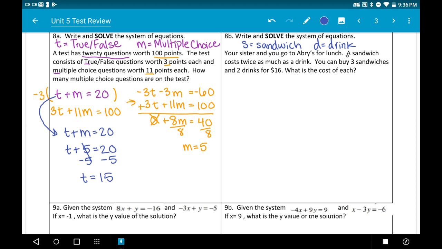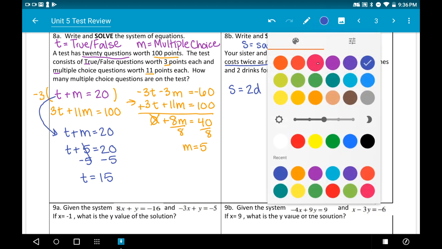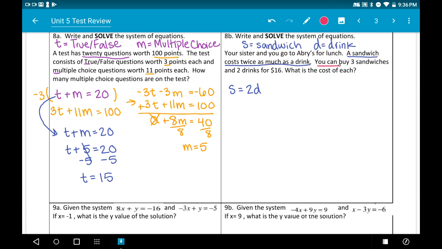So this first line says a sandwich costs twice as much as a drink. So again, with my rule, I like to pick whichever one costs more. So sandwich costs twice as much. So sandwich costs more. That would be S equals. Then twice as much as a drink would be 2 times D. Now this next line, we can buy 3 sandwiches and 2 drinks for $16.